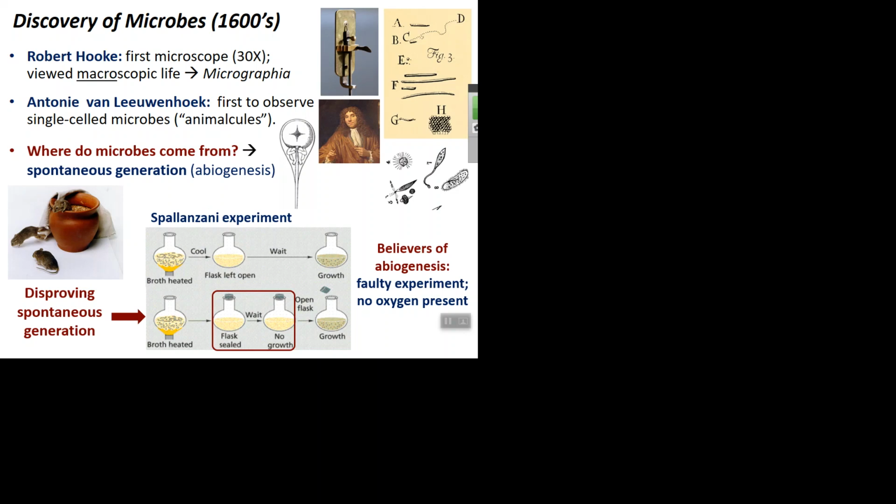So then this brings in Pasteur, okay? So Pasteur was a chemist by profession, but if you've taken chem, he's the one that kind of figured out the left-handedness, the chirality of molecules, the left and right-handedness of molecules.